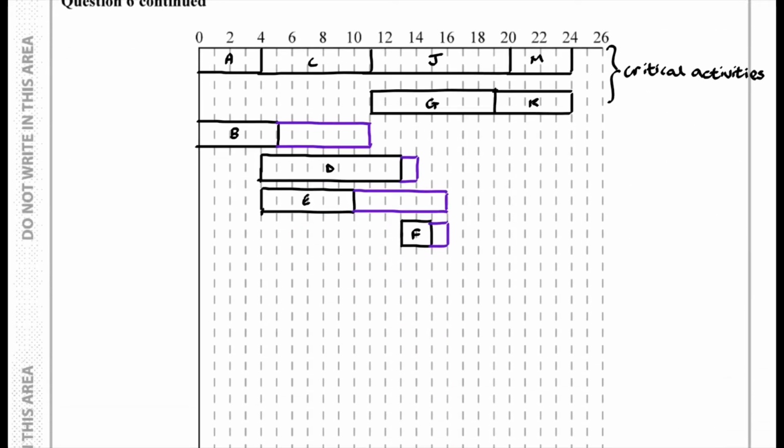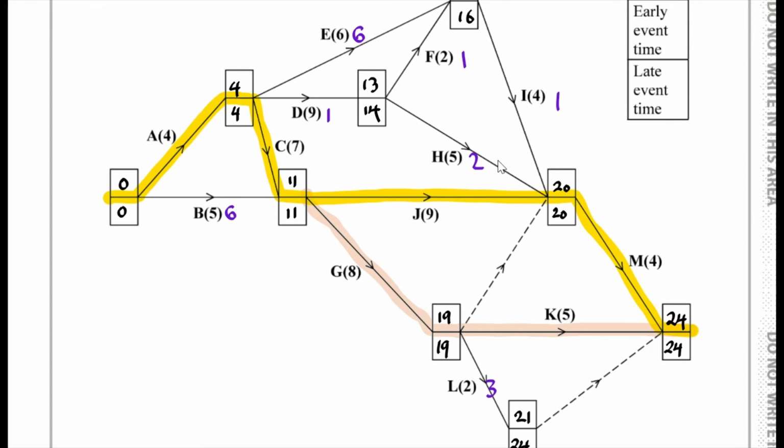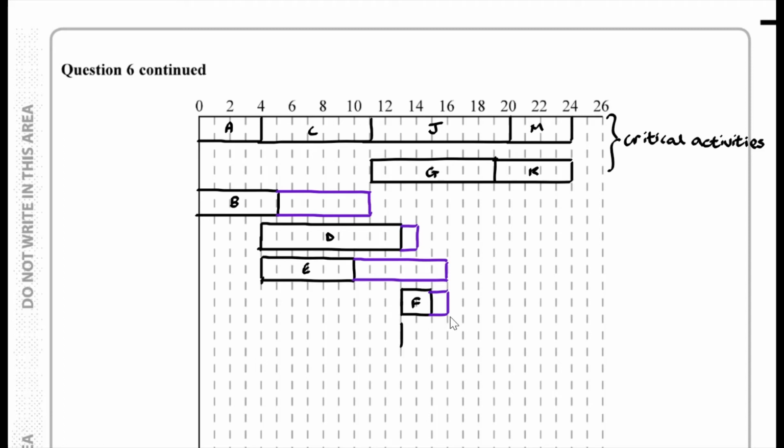So we have over here H, which starts here, and H has a duration of 5. Okay, so that takes us up to 18. So that has a duration of 5. So we have 1, 2, 3, 4, 5.